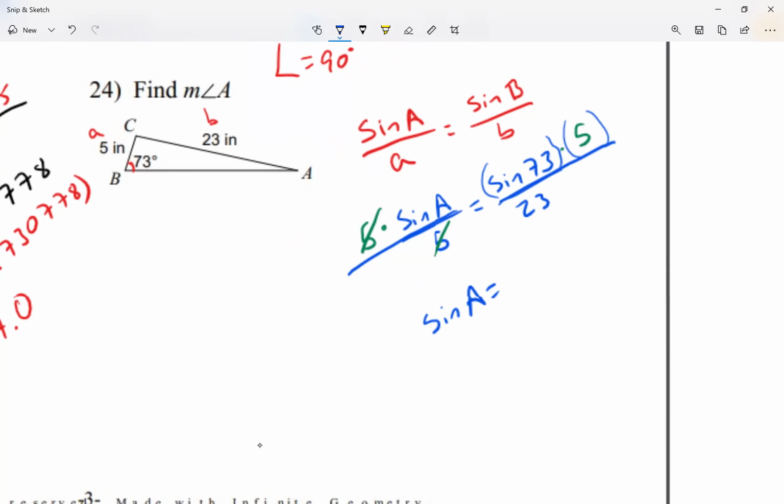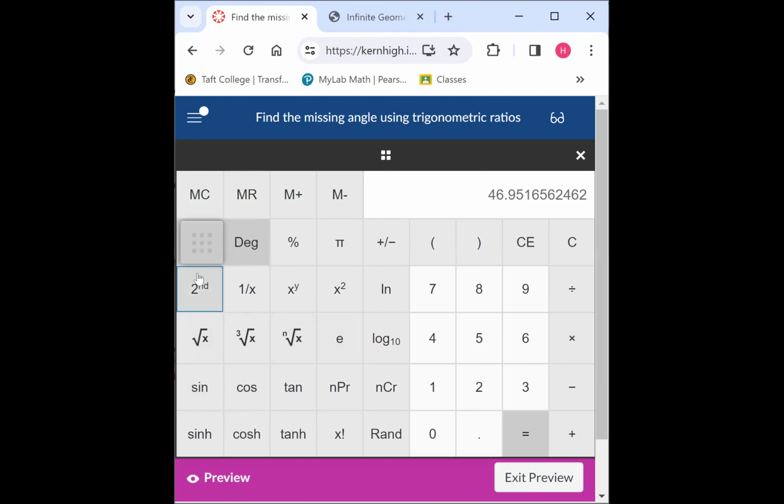Okay, so let's take a look. Let me grab my calculator. I want sine, not sine inverse. So let me click my second again. So I'm going to go sine of 73, close parentheses, times 5 divided by 23.